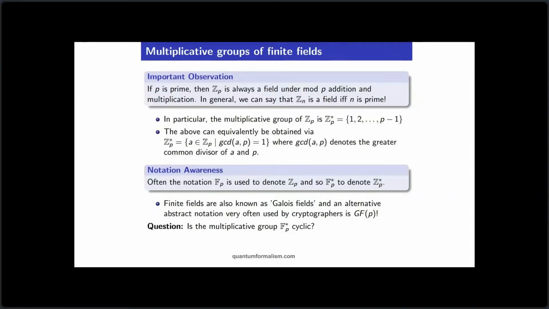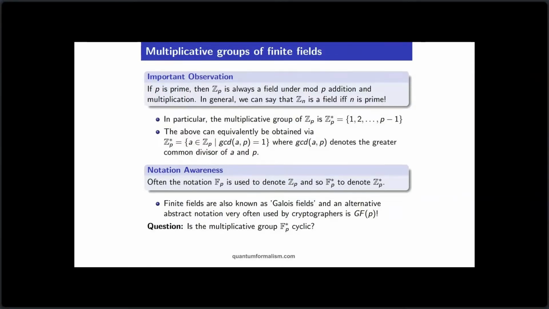If you are a number theorist, this might be confusing because you might think we are dealing with the p-adic numbers and all this stuff, but it's not. Another thing is that when P is a prime, instead of ZP, people normally use FP. So this is the notation, and the multiplicative group of the field is then written FP star.